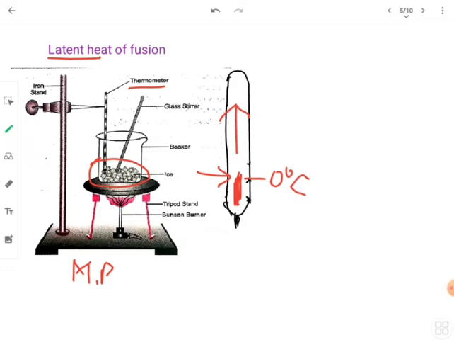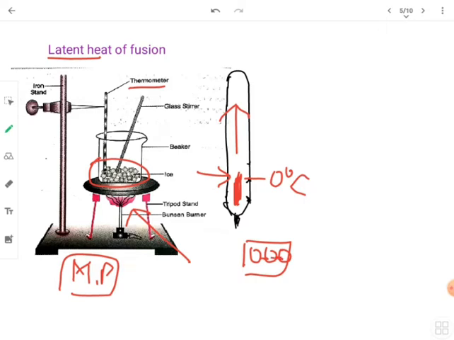Now why is it that the temperature is becoming constant in between? It is because at that particular moment, that means at the melting point of this ice, all the energy that we are providing is getting used up in overcoming the forces of attraction. For example, in this ice cube, we know that in solids there are very strong forces of attraction.